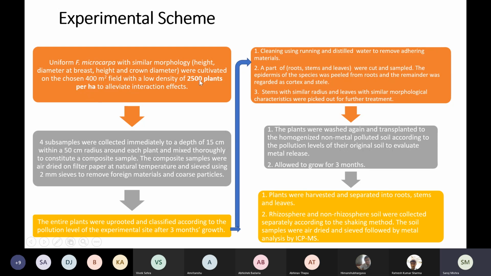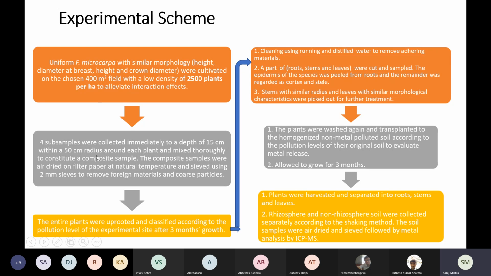That was the density. Four subsamples were collected, to a depth of 15 centimeter. So you dig under the ground up to 15 centimeter. After the plantation is done, this is going to serve as a control sample for you.